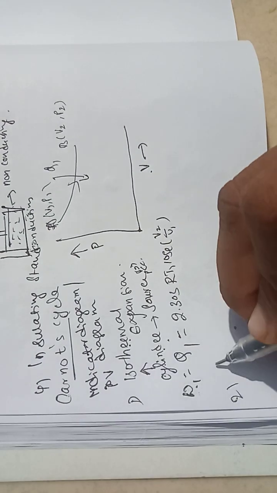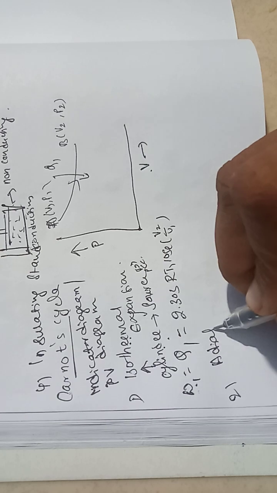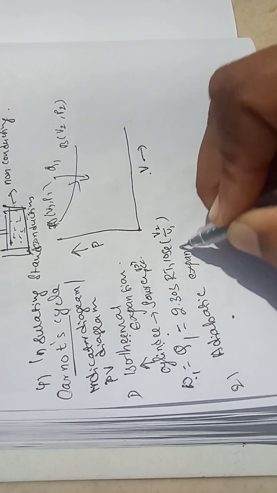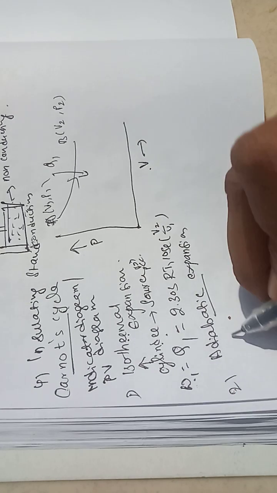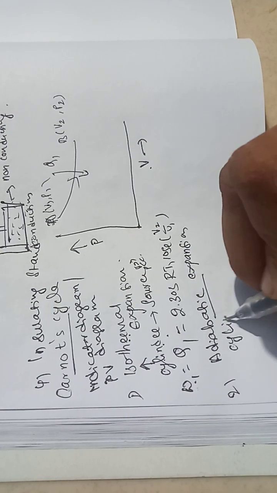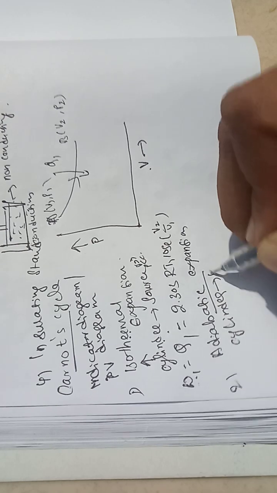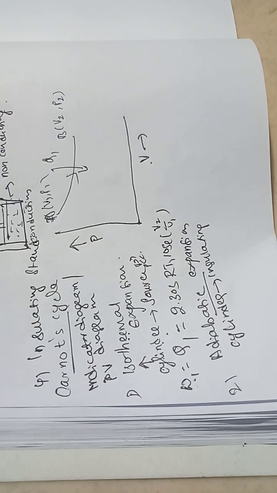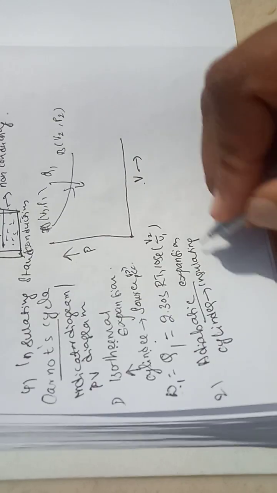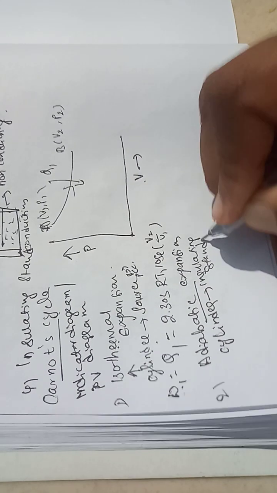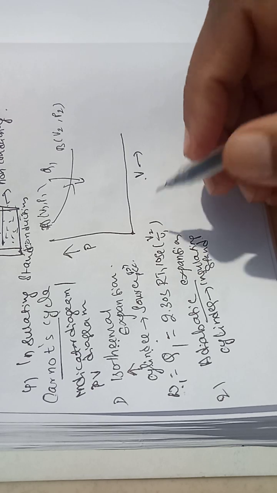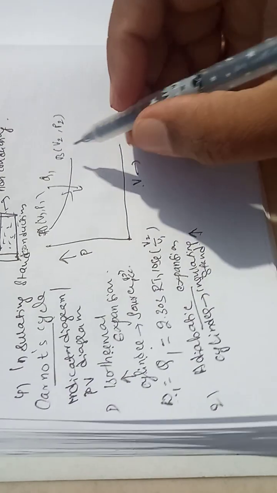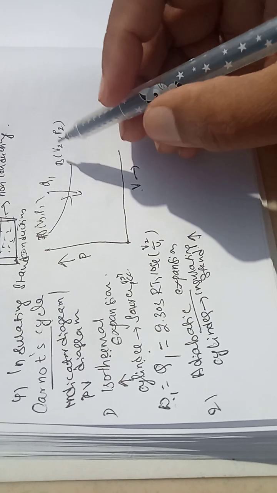Similarly, next one is adiabatic expansion. In adiabatic expansion, the cylinder is detached from the source and placed on the insulating stand. So we isolated the working substance from the surroundings. Further, the cylinder is pushed upward adiabatically.